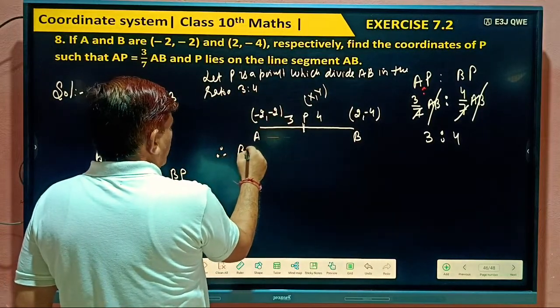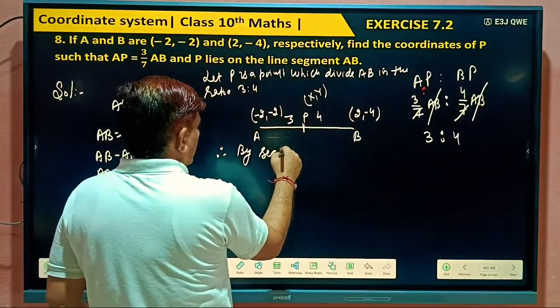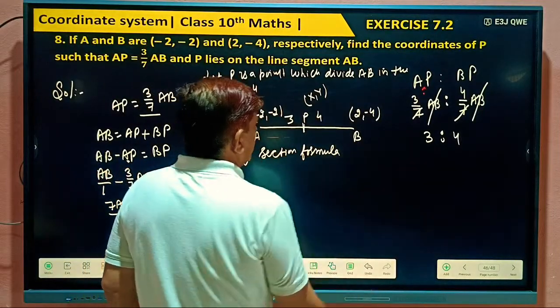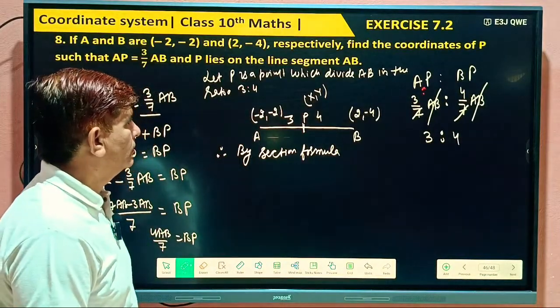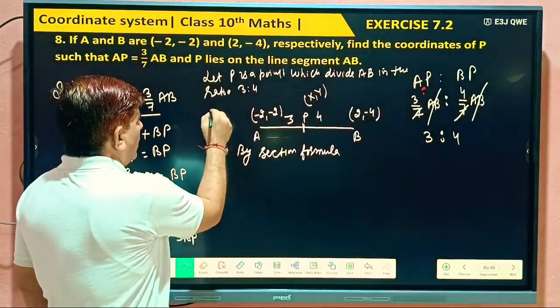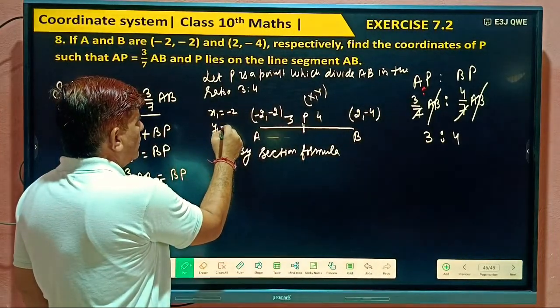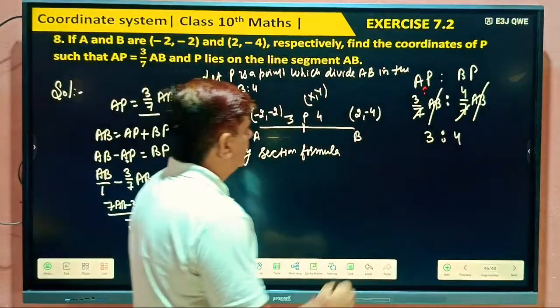Therefore, by the section formula, x1 is what here? Minus 2. y1 is minus 2.